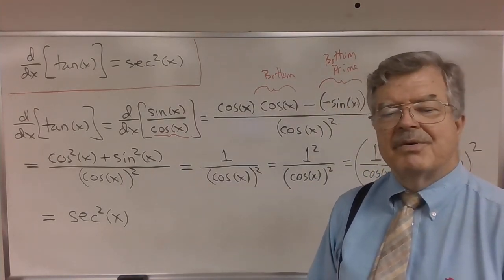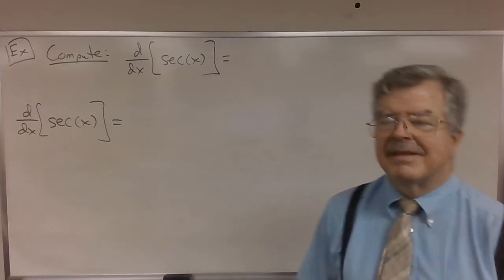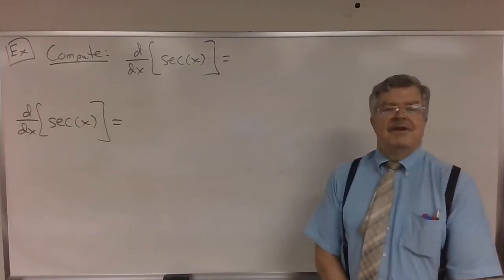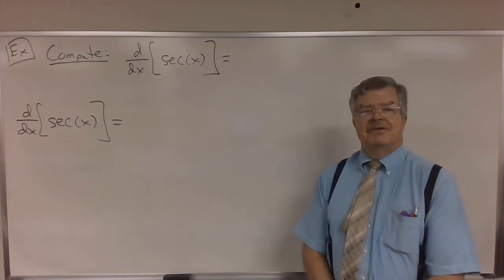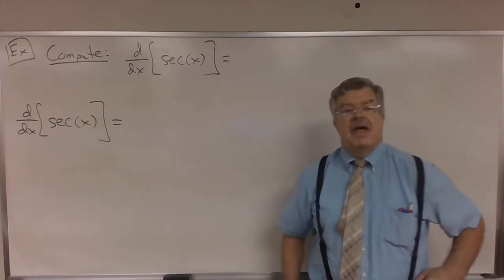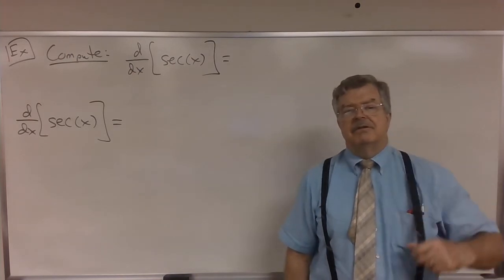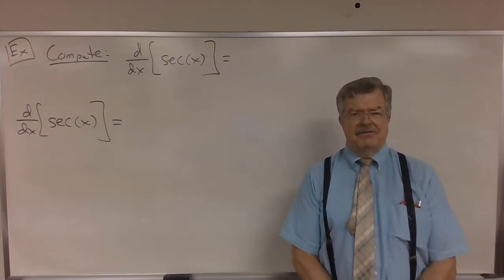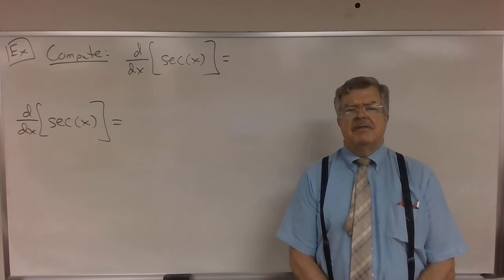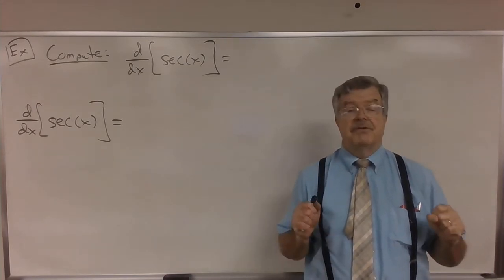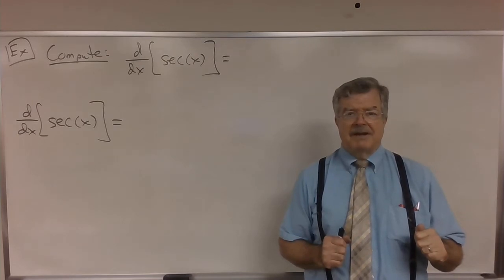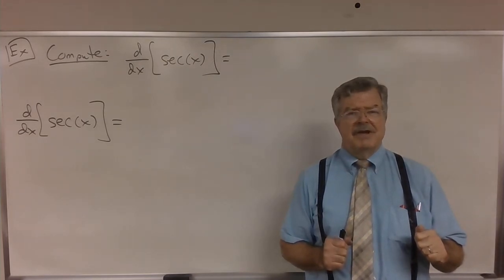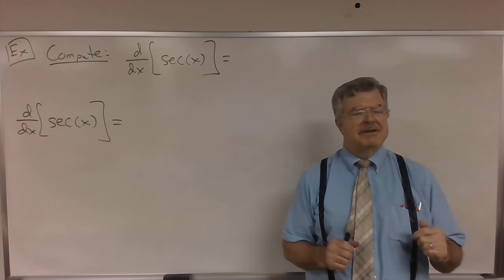Let's do another quotient. This is another great example. Derivative of secant x. And maybe we learned a little bit from the last example that we did. In the last example, we computed the derivative of tangent x, and we looked at it dumbfounded and said to ourselves, I don't know anything about tangent of x.